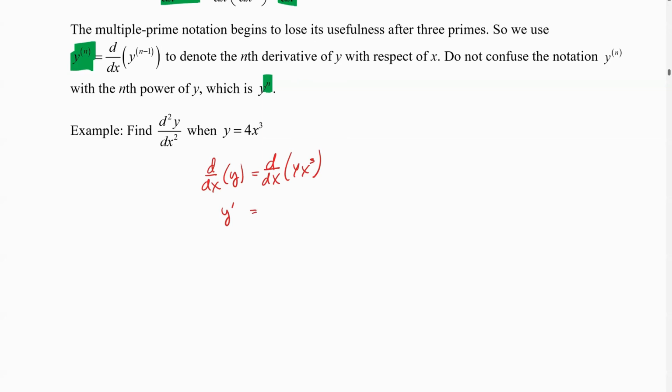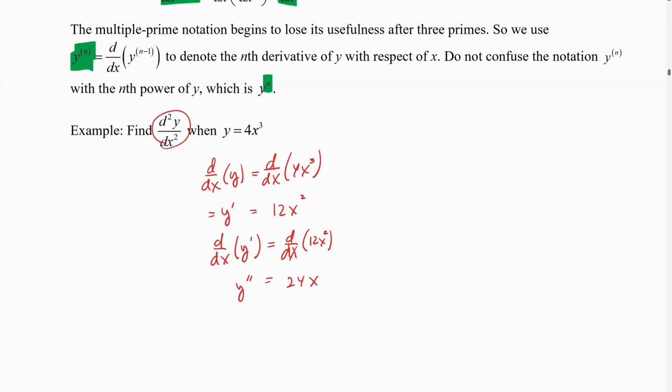I take the derivative of this, bring the power down, 12x squared. What happens when I take the derivative of y prime? Of course, whatever I do to one side of the equation, I need to do the other. Derivative of 12x squared. This is my y double prime. This is my 24x.